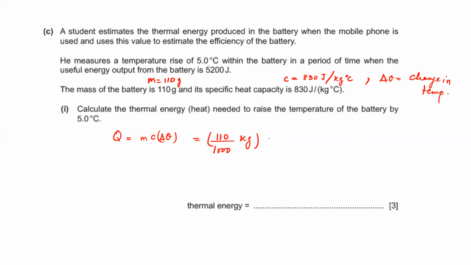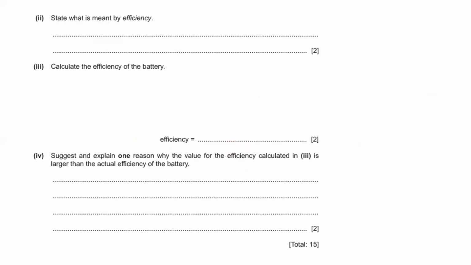Remember, mass is in kg. Multiply by 830 joules per kg per degree centigrade, multiply by 5 degrees C. Remember the units are very important. So Q is 456.5 joules. This is how you calculate the energy. The thermal energy required is 456.5 joules. Then it says: state what is meant by efficiency.